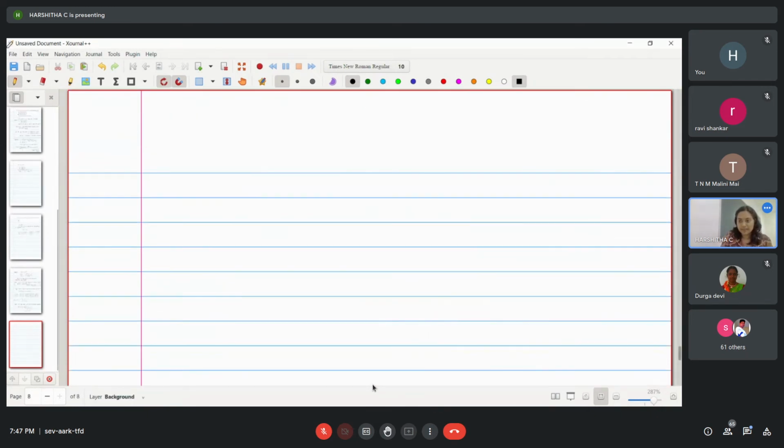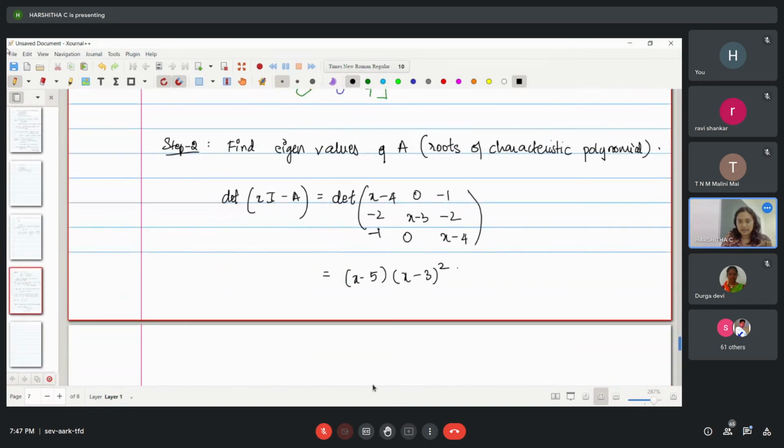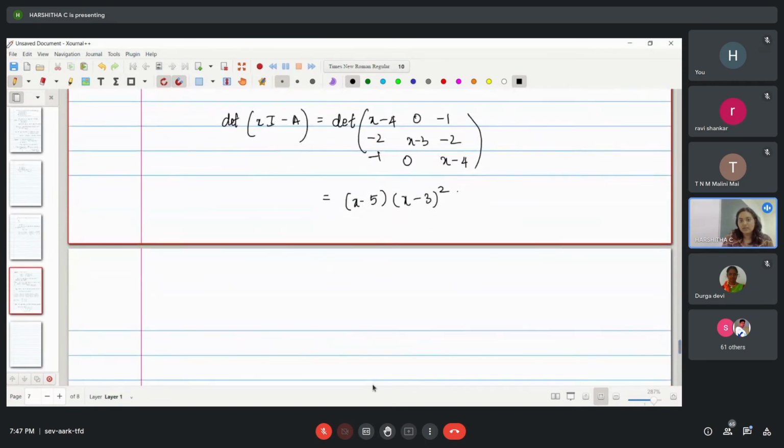You can just check this later. Once you know this, you know your eigenvalues. So find the roots of this equation, which are 5 and 3. So 5 and 3 are eigenvalues of A.